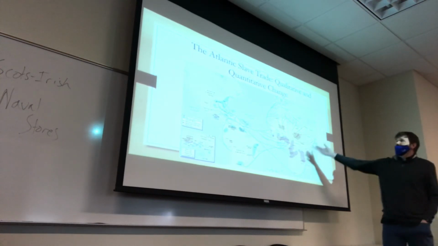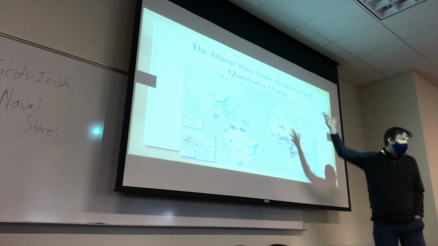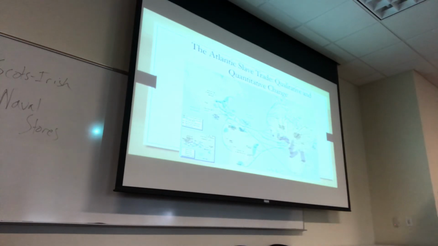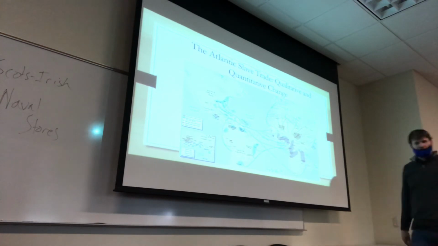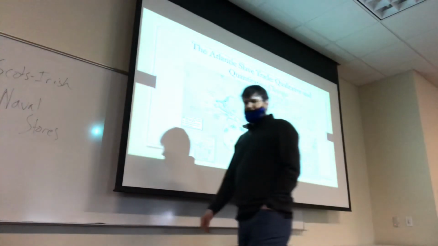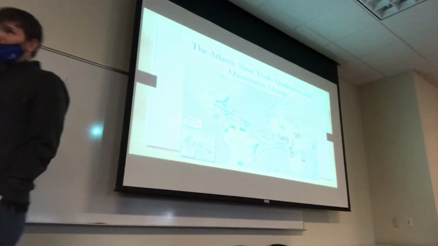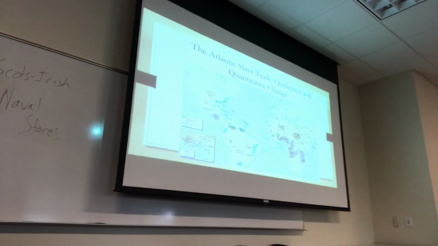And the increase, the quantitative change, is dramatic once you have that European demand. It never would have happened without the massive increase in demand for slaves that Europeans bring. And it's not just the Portuguese, the Spanish and the French and the British all follow suit.